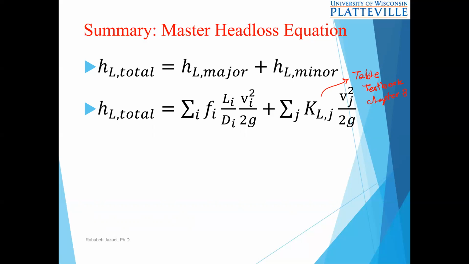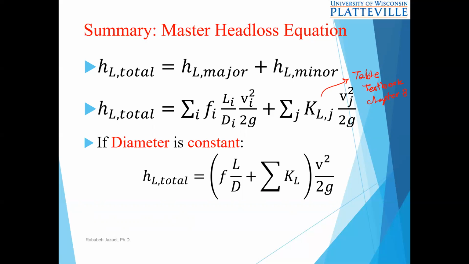And you are familiar with velocity and g. If the diameter is the same for the whole system, we can just factor out the velocity head and come up with this equation. Let's solve an example and see how we can use all the information we learned today to calculate the head loss.